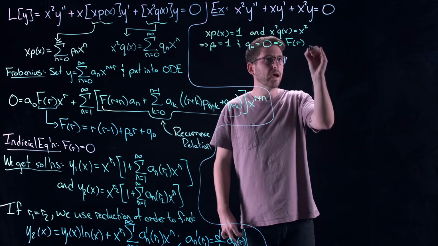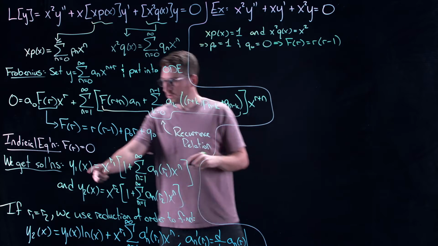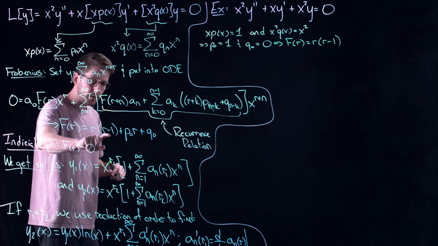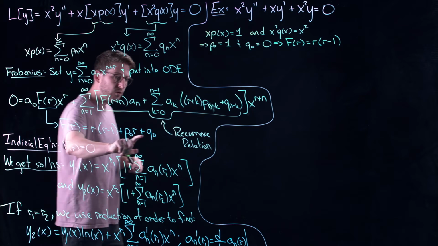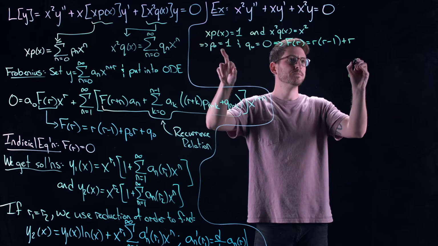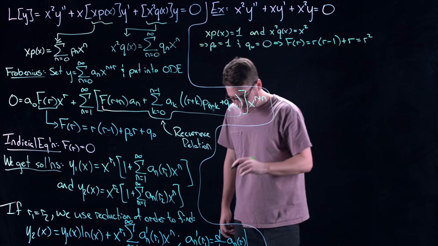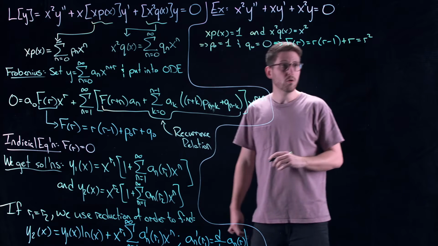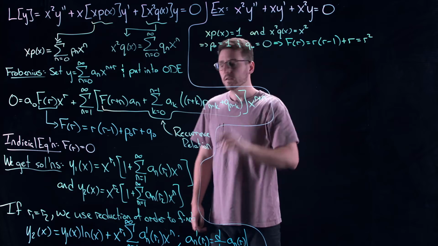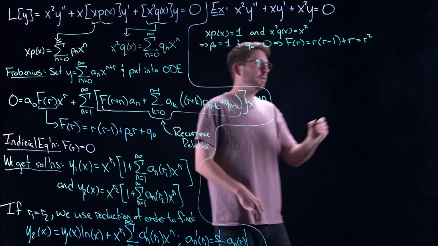Because here now I get r times r minus 1. So where were we? We were right here. r times r minus 1 plus p0 r plus q0, so basically just plus r. Clean it up: r squared. And so this tells me that I get a double root here. So I get r is equal to 0.